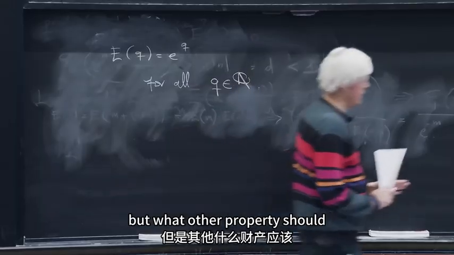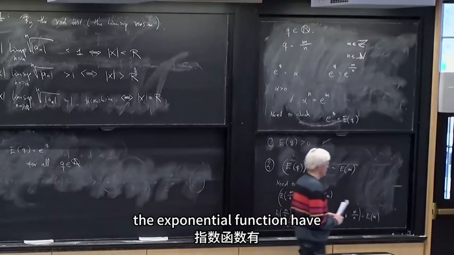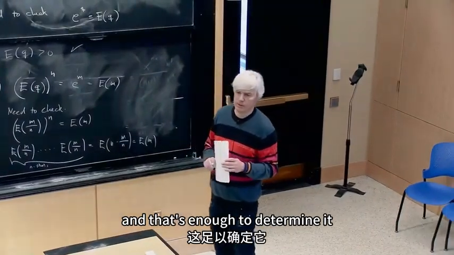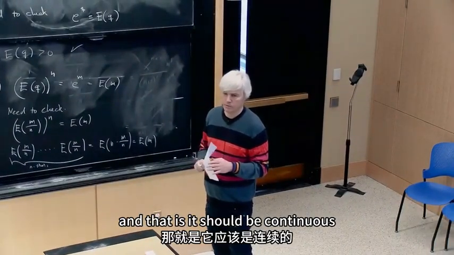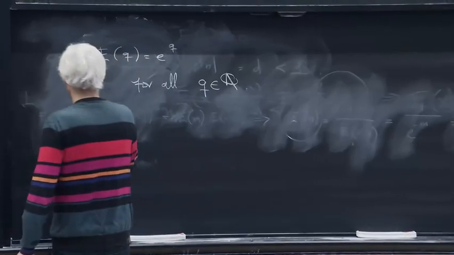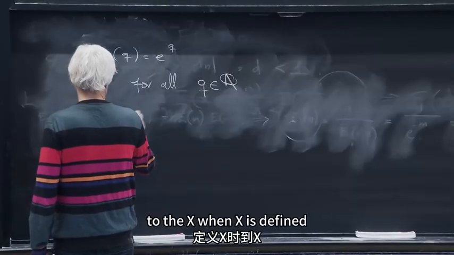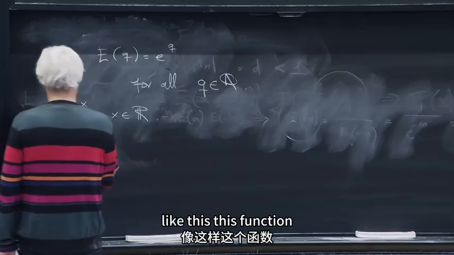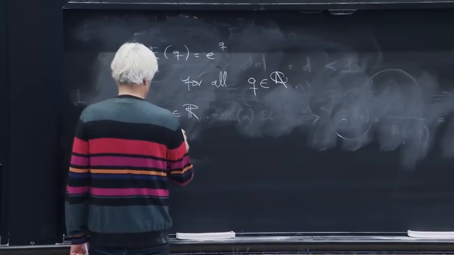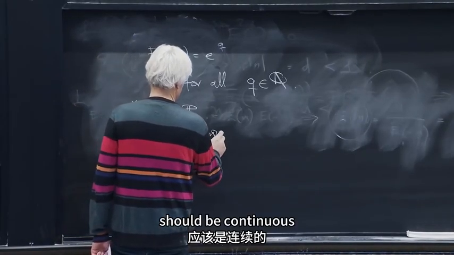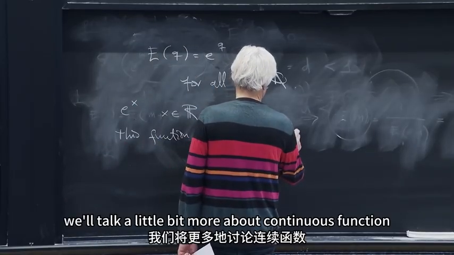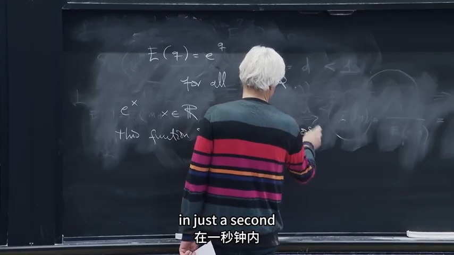But what other property should the exponential function have? It should have one other property, and that's enough to determine it, and that is that it should be continuous. So one more property is that this function E to the x should be continuous. And we'll talk a little bit more about continuous functions in just a second.